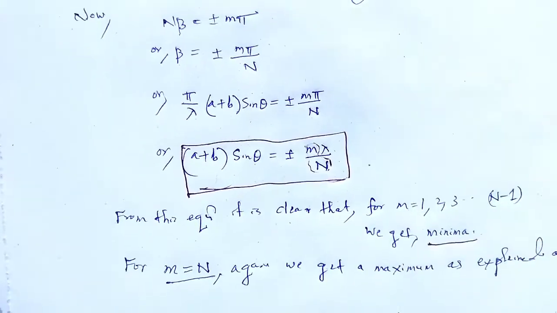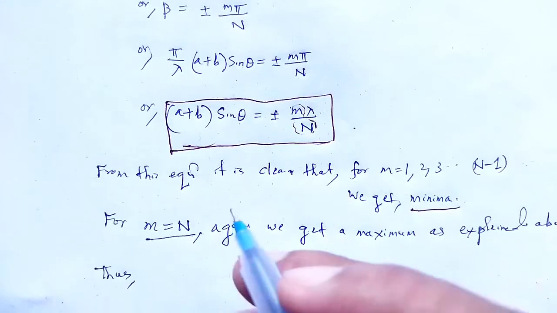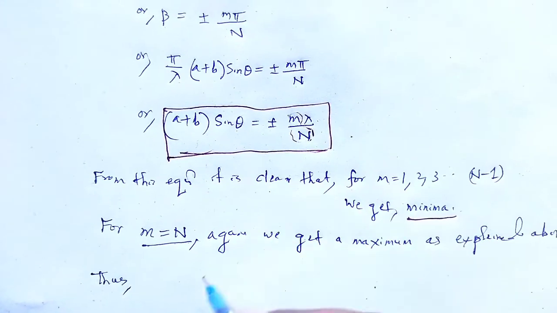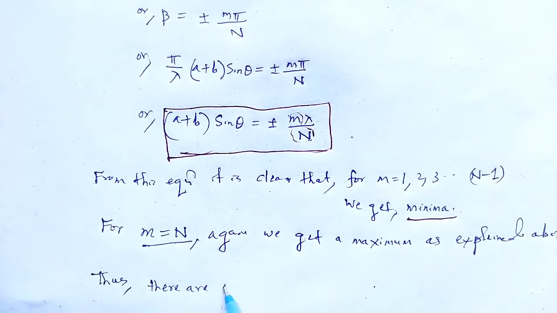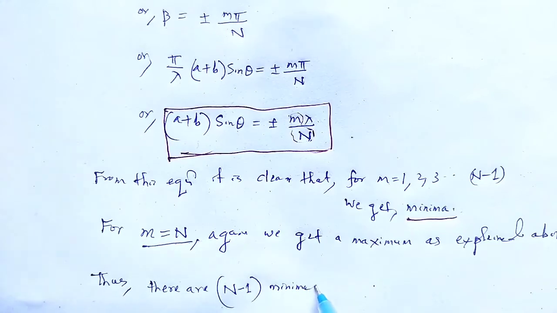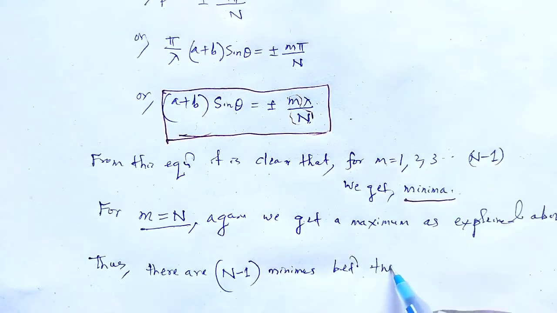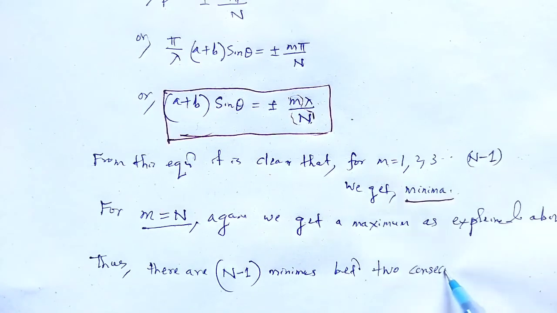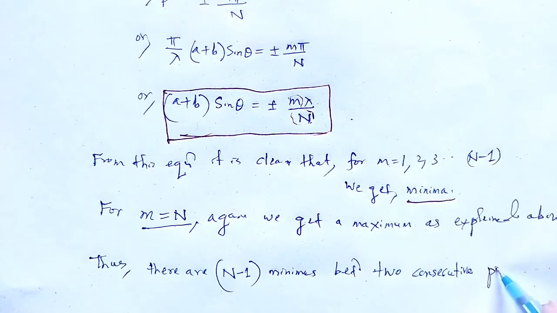Thus we say there are n minus 1 minimas between two consecutive principal maxima.